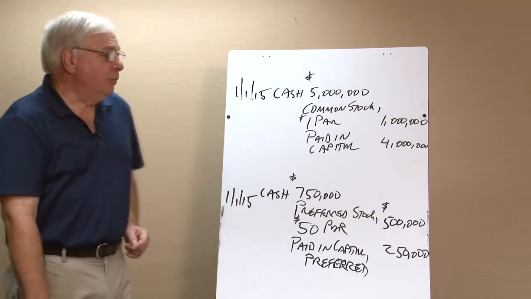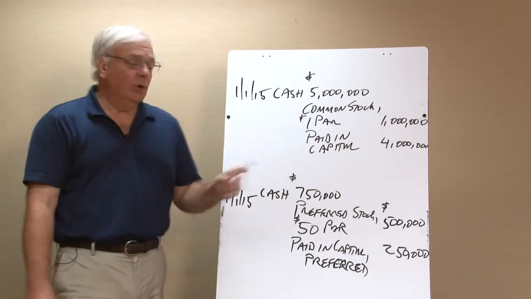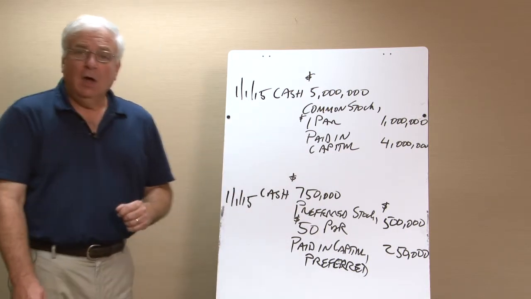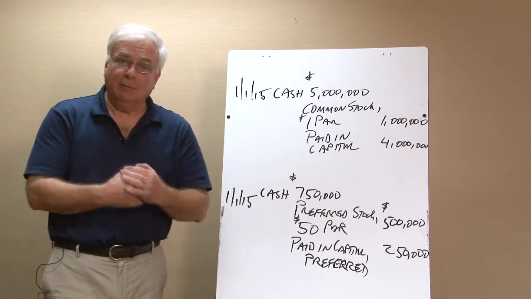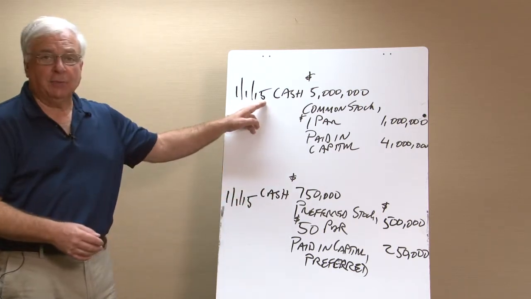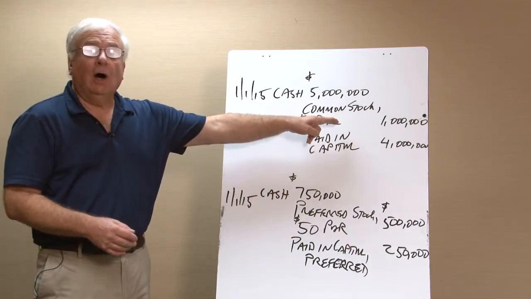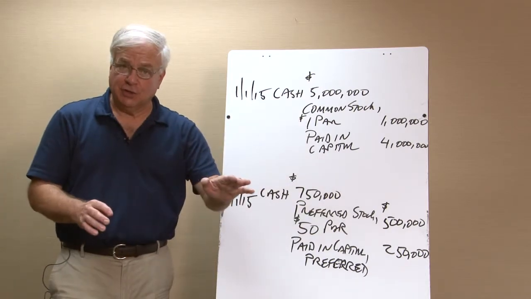Let's say a company sold 1 million shares of $1 par common stock at $5 a piece. Okay, the investors who bought the shares pay the company $5 million, so that's the debit to cash. The stock account will go up, but we're using that $1 par to track the number of shares.